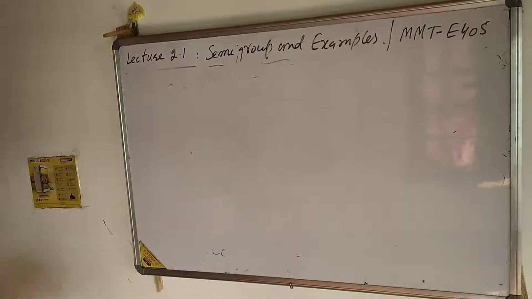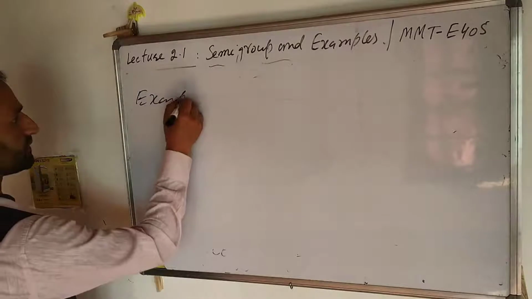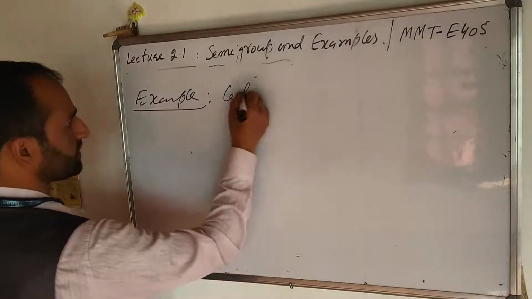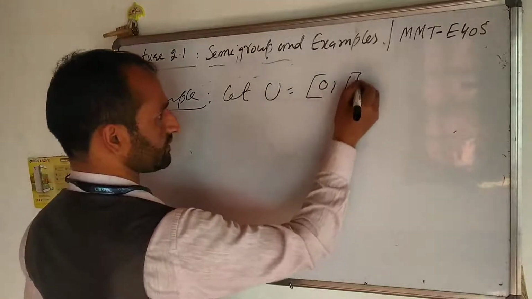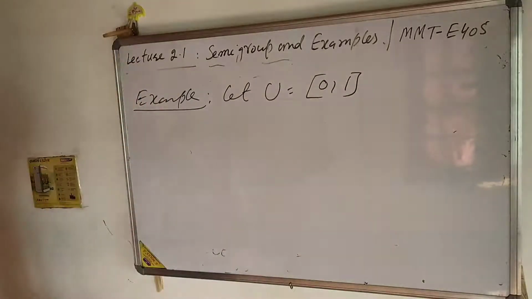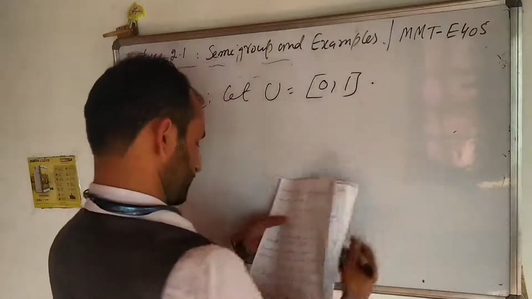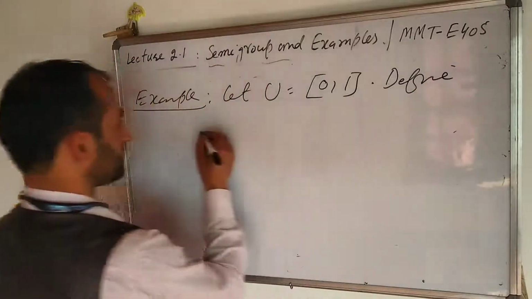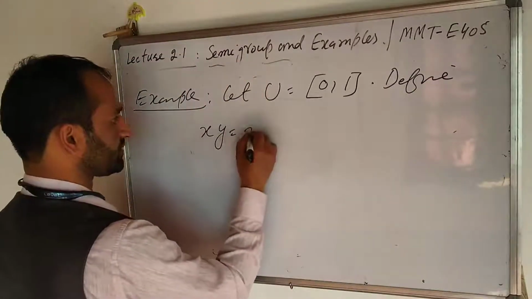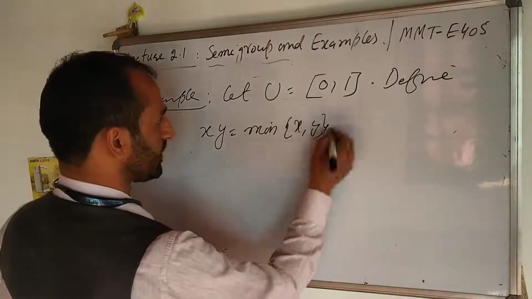So now we have one more example of a semigroup with zero. Let's take this semigroup U, the closed interval [0, 1], and define the operation x * y equal to the minimum of x, y.